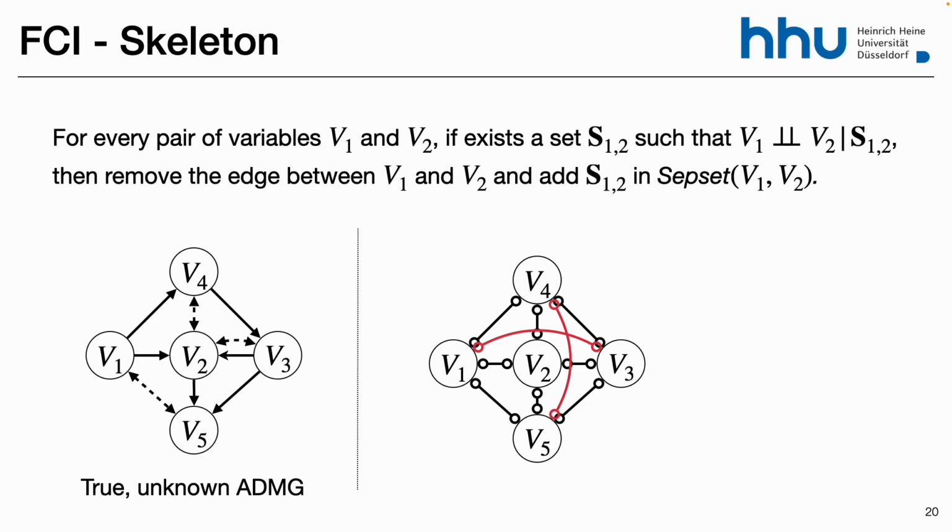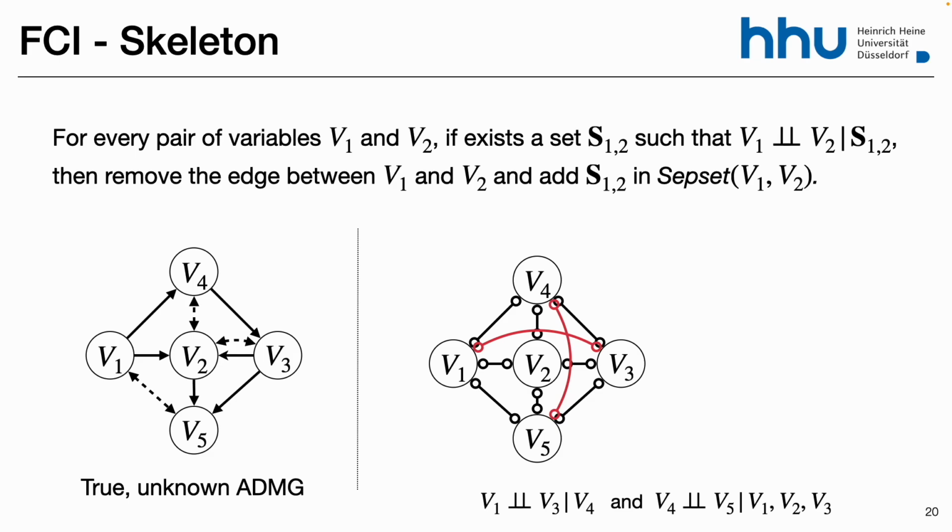But for every pair where you find a conditioning set S12 that separates V1 and V2, you're going to record it there and then remove that edge. So in this example, if you look for these separations here, you would know what the sets are. But we have data, and we are using a conditional independence test to find this, right?